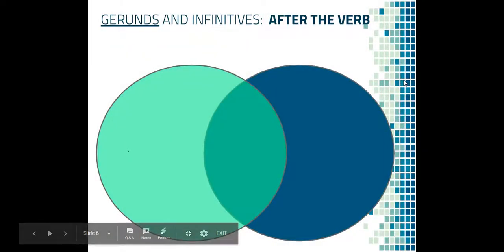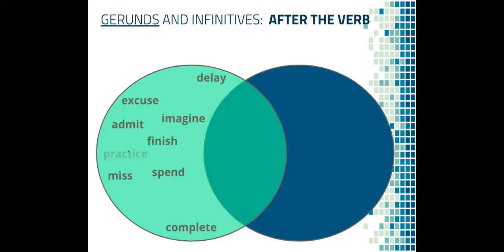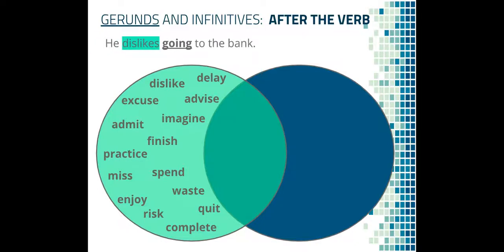After the verb in our predicate, there are some actions that only take gerunds, like delay, excuse, miss, spend, quit, complete. He dislikes going to the bank. This works. He dislikes to go to the bank does not work, right?